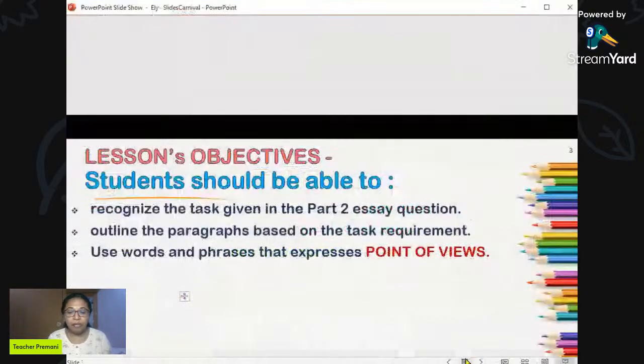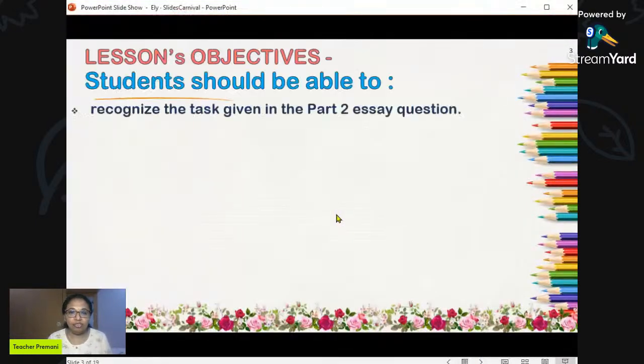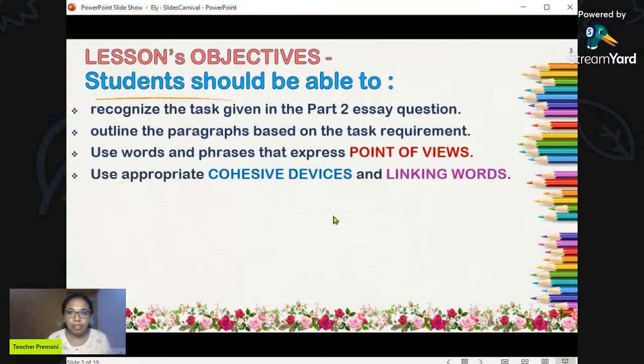Okay, let us continue. Next, you will also learn about some good cohesive devices which are suitable for point of view structure, and also some linking words.